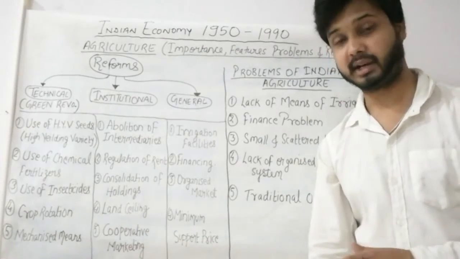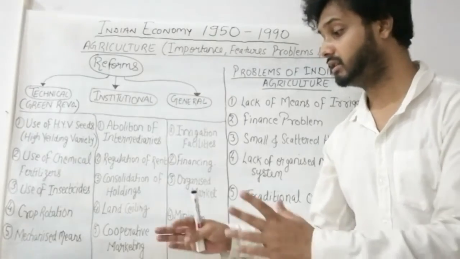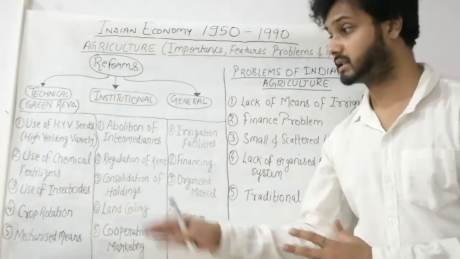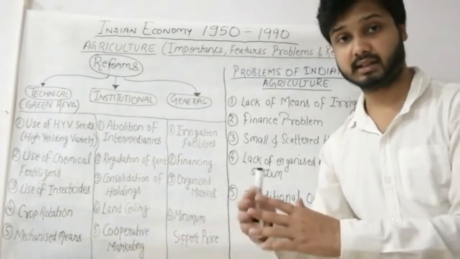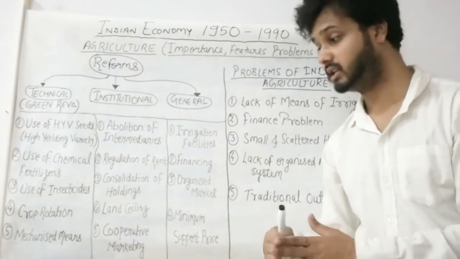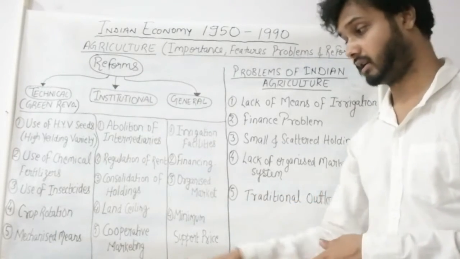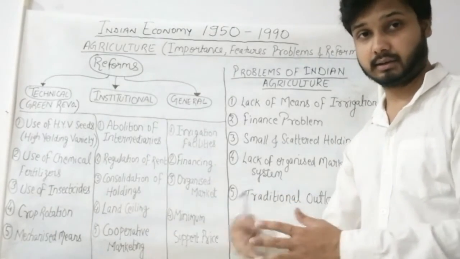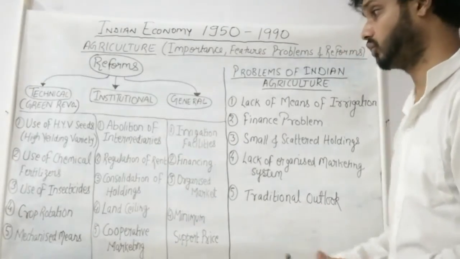Cooperative marketing. The government told the farmers that when they purchase seeds and materials, they should cooperate and go in groups, so that they could get a great discount from the seller, which would ultimately lead to savings.